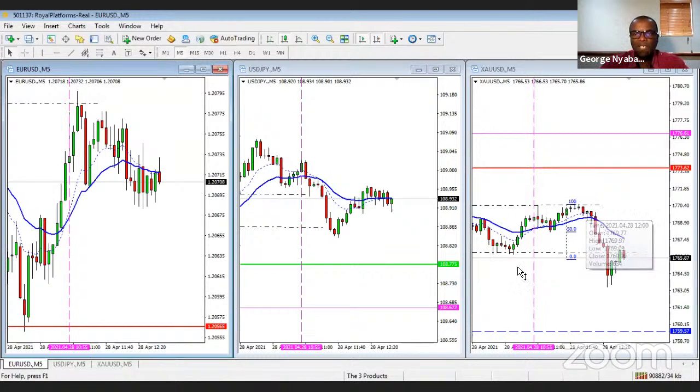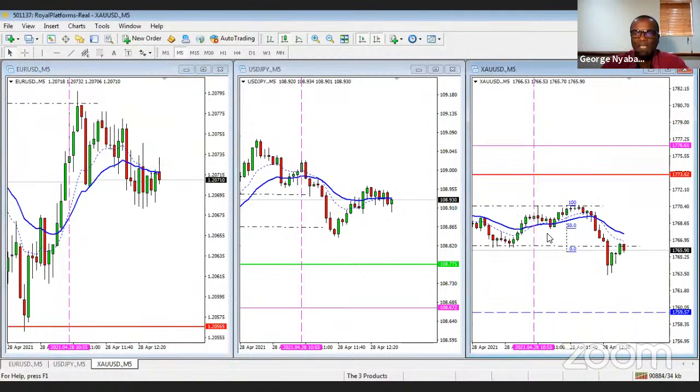Okay, so just the two currency pairs and the commodity we're looking at, that's what's unfolding before us. We said for gold, let's see if the bulls will get to the moving average with strength. And if they do get to the moving average with strength, if they close above it, fantastic. If not, then we look for higher lows. So that's what we are waiting for.